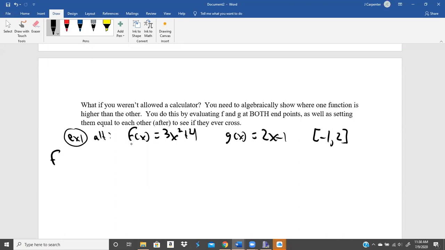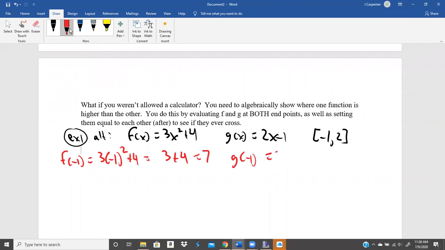So we'd have to do f of -1, which would be 3 times -1 in parentheses squared plus 4, which is 3 plus 4, and that's 7. Then we'd have to do g of -1, which is 2 times -1 minus 1, which is -2 minus 1, and that's -3.